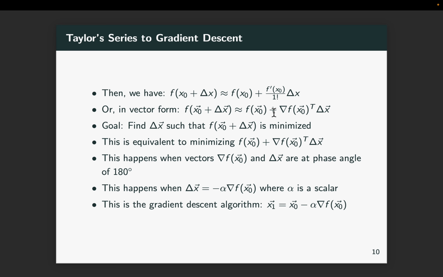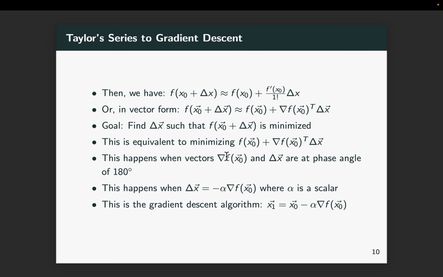Now think of these two quantities as vectors. To minimize their product, you want them opposite to each other, with a phase difference of 180 degrees, right? If two things are at a phase difference of 0 degrees, the dot product is maximized in the positive direction. If they are orthogonal, with a 90 degree phase difference, the dot product gives you a 0.